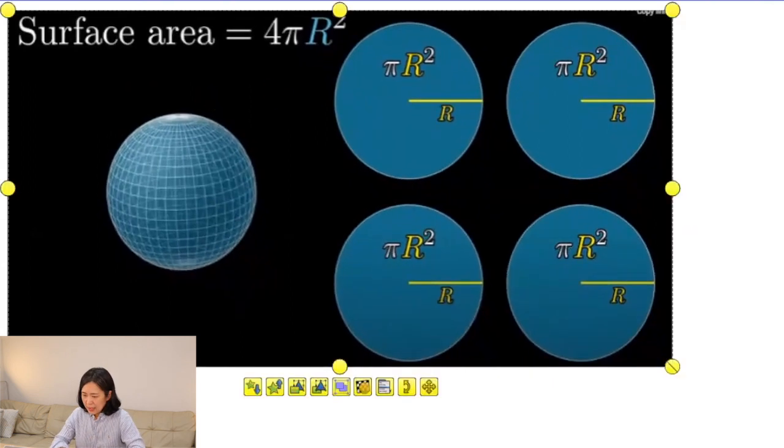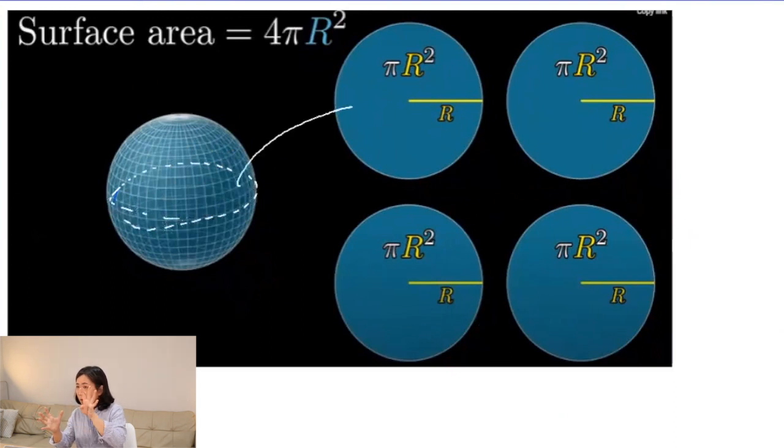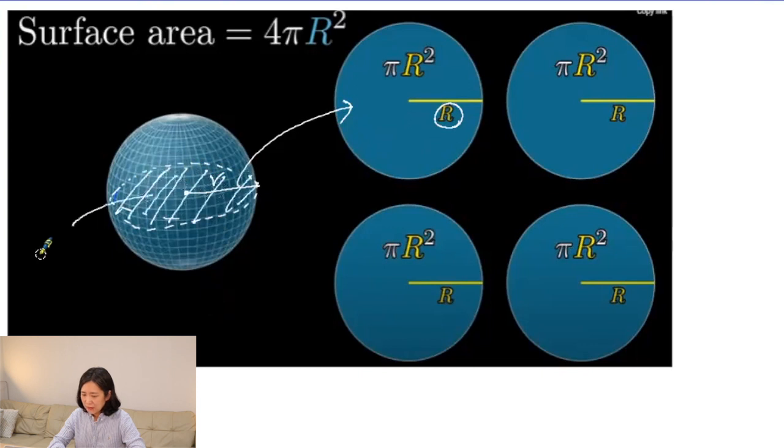Let's have a look at this as computer graphics. If you use a computer, we do the same thing, and it must be the exact size, right? As you can see, the surface area of the sphere is exactly the same as 4 cross sections. So now, using this, we can come up with our formula for the surface area of the sphere.